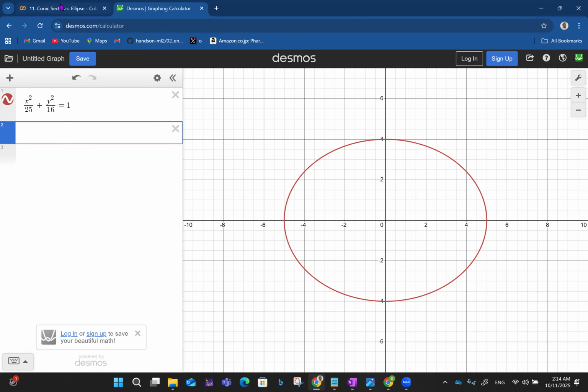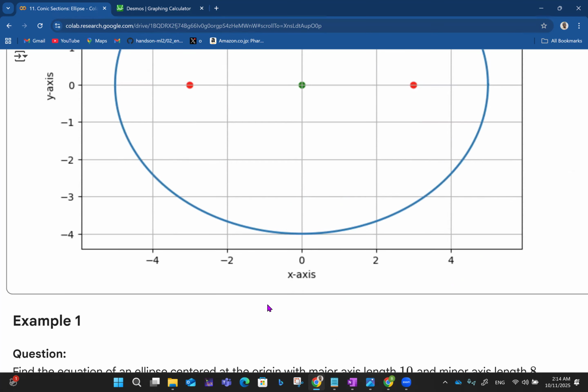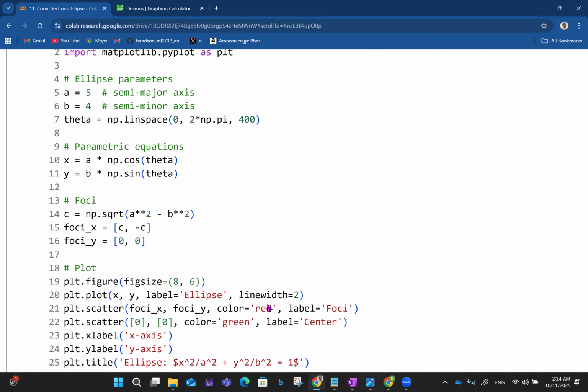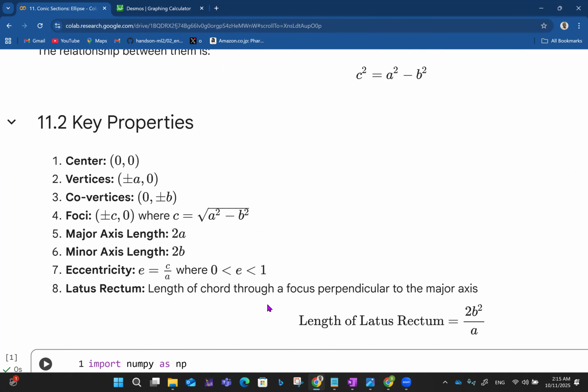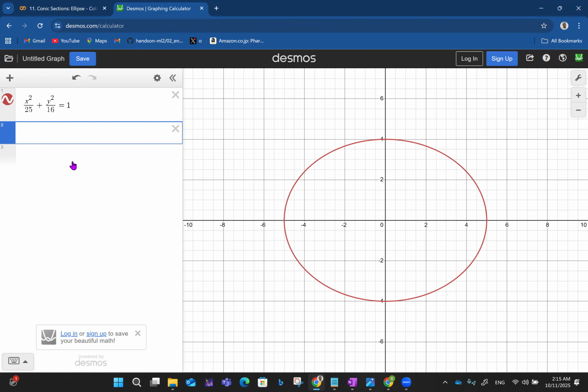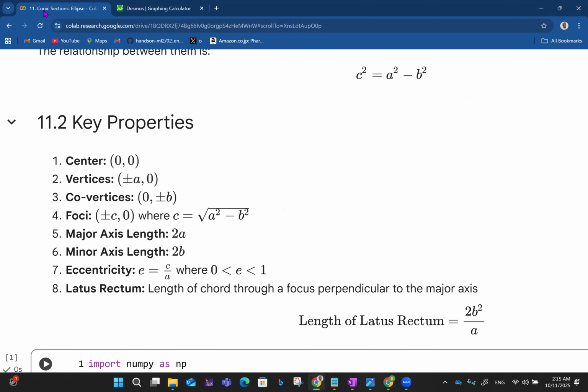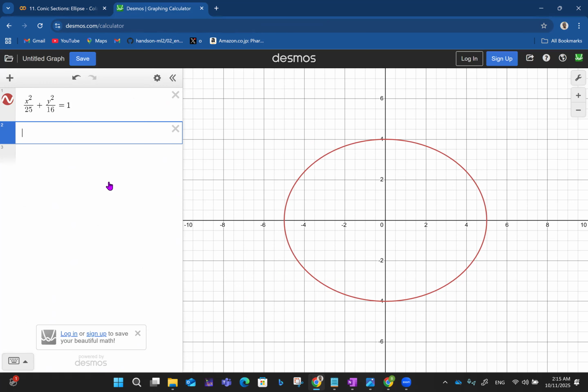Let's look at these things again. You have foci at plus or minus c, comma 0, and c is the square root of a squared minus b squared, yes. That's 25 minus 16, which is simply 3.